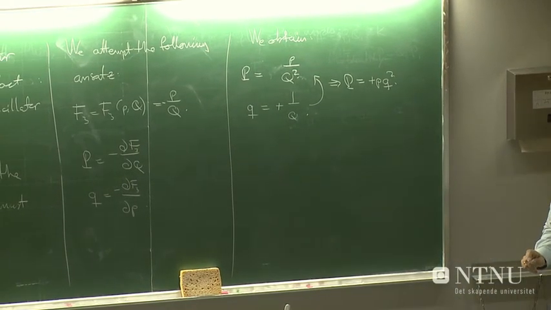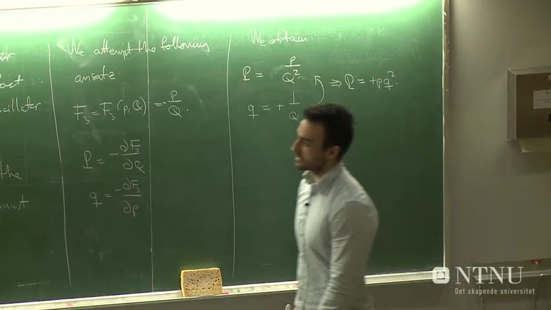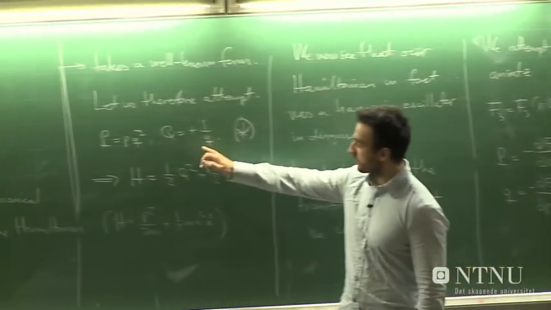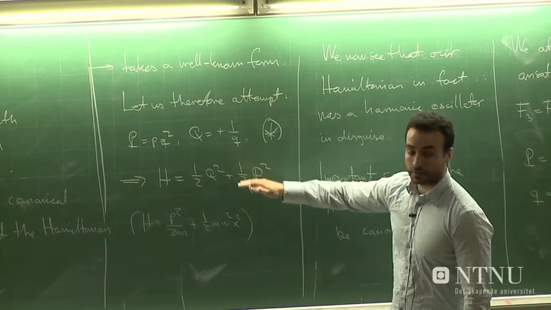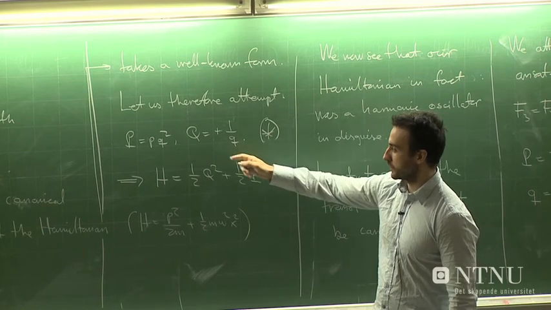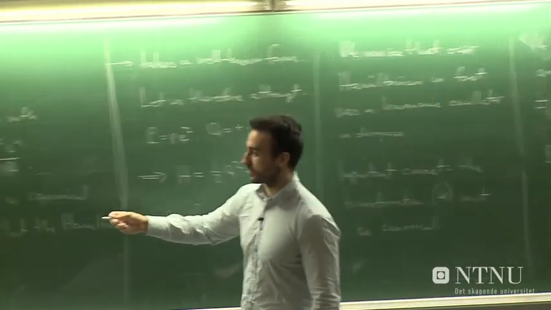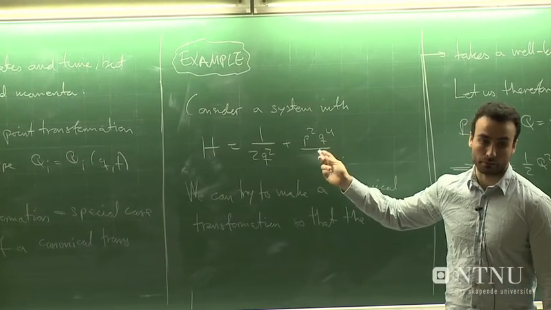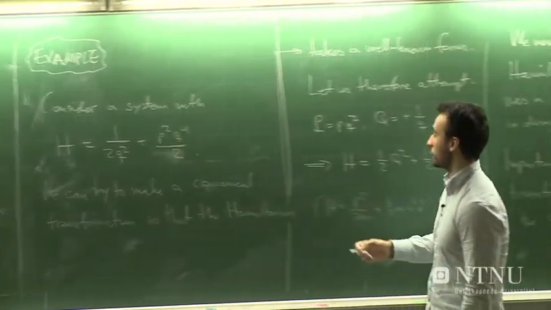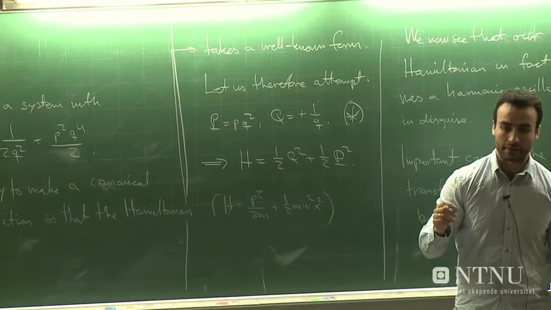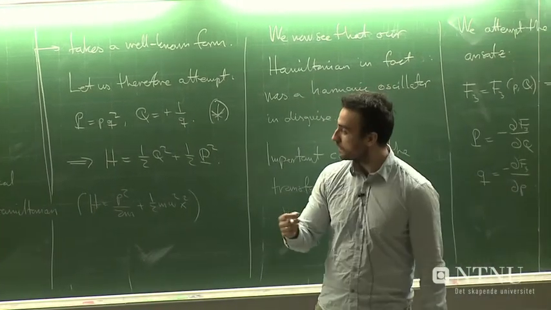So I think I missed a sign here. But the result is the same. If I define q as plus or minus 1 times q, it doesn't matter, because it's only q squared and q to the power of 4 that enters. But we see here that the sign is very important to make the transformation canonical.